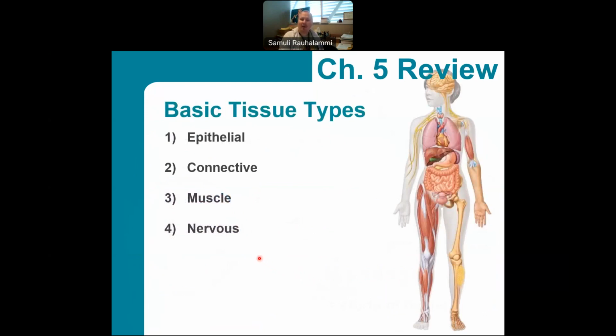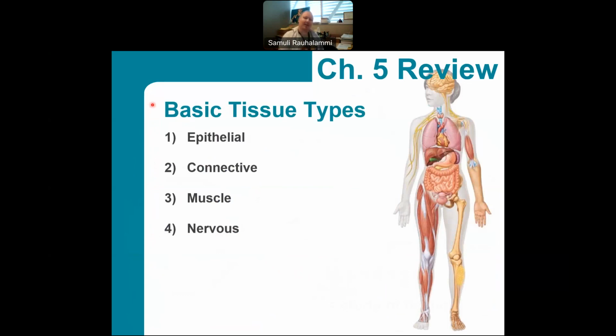What are the most common tissue types? There's really four basic tissue types. In reality, there are many other tissues as well, but these are the most important ones that I want us to look at. So we will talk a little bit about epithelial tissues, connective tissues, muscle tissues, and nervous tissues.